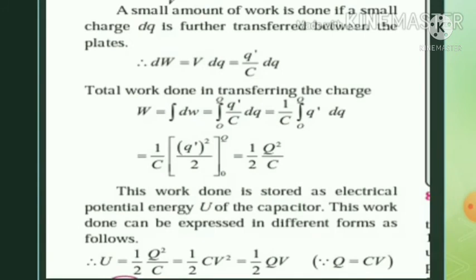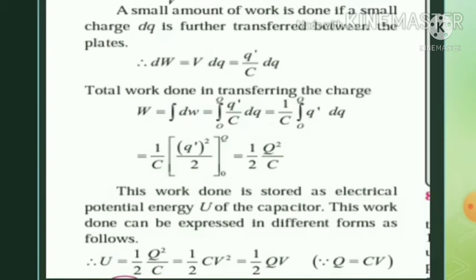When the capacitor is fully charged, the total charge on the plates is capital Q.